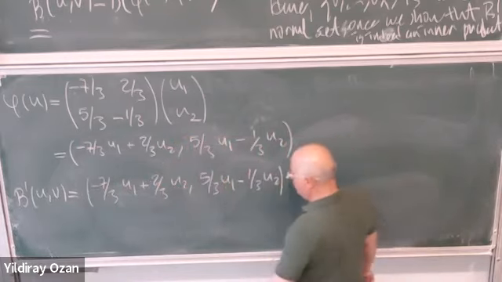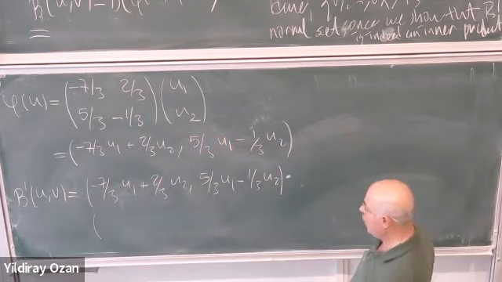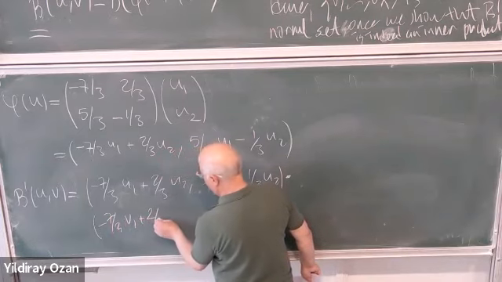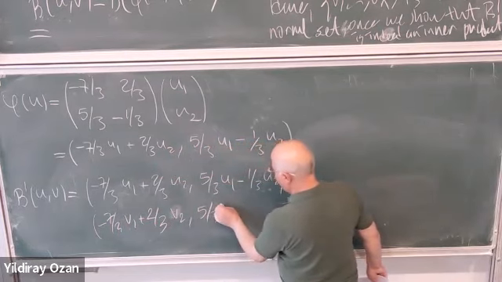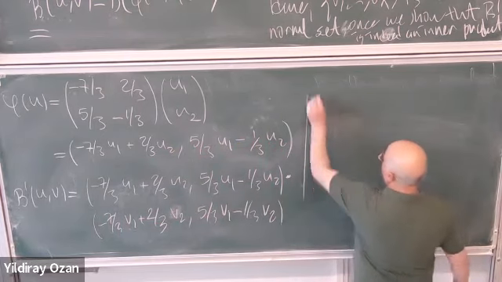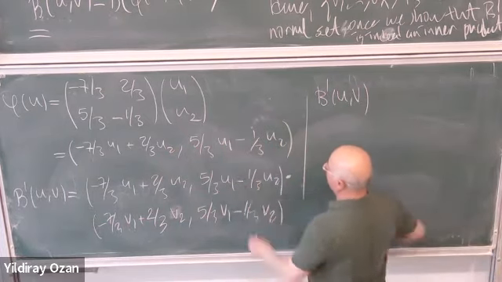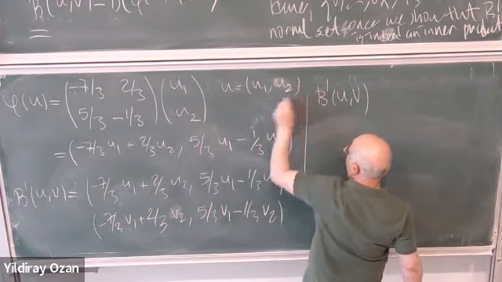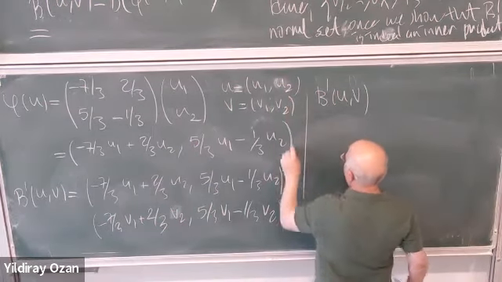That product, the same thing, instead of U, I have V. So minus 7 over 3 V1 plus 2 over 3 V2, 5 over 3 V1 minus 1 over 3 V2. Therefore, V prime U, where U is of course U1, U2, V is V1, V2. So what is this then?